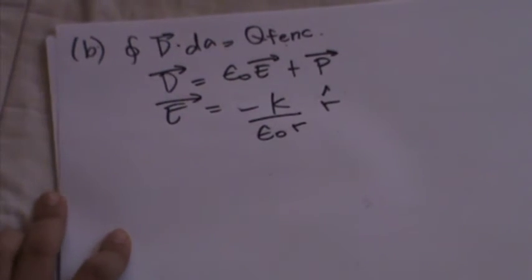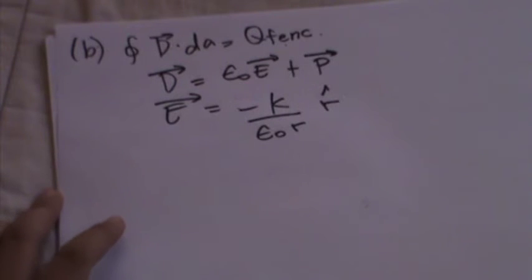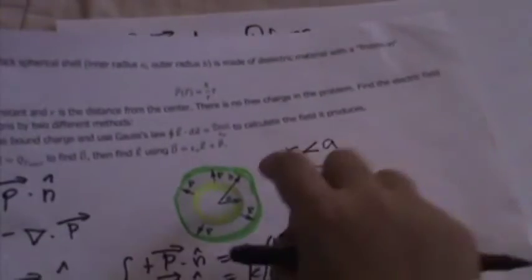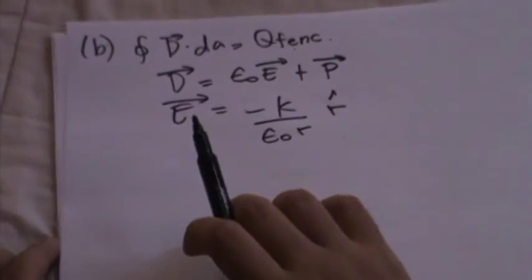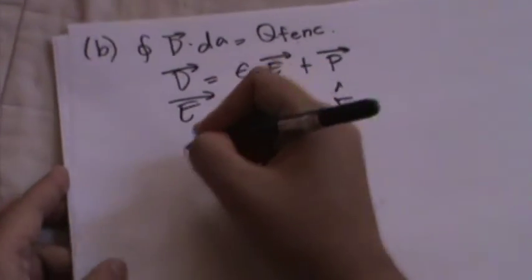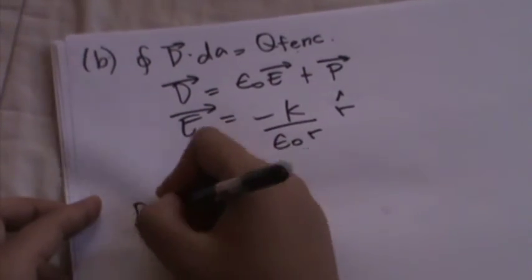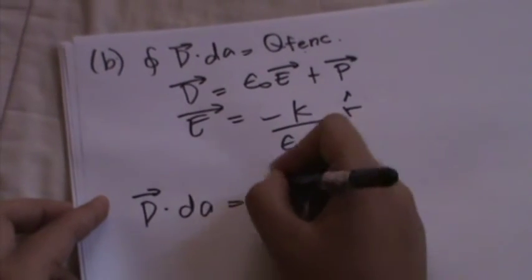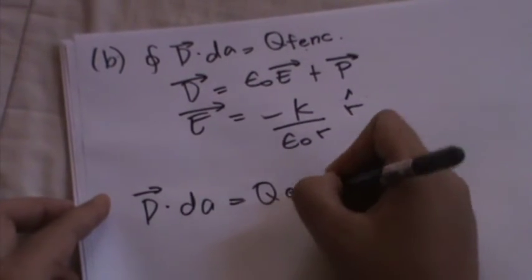Okay, so let us first solve for the D outside, the vector D outside here. So we'll use the equation vector D dot dA is equal to Q enclosed.